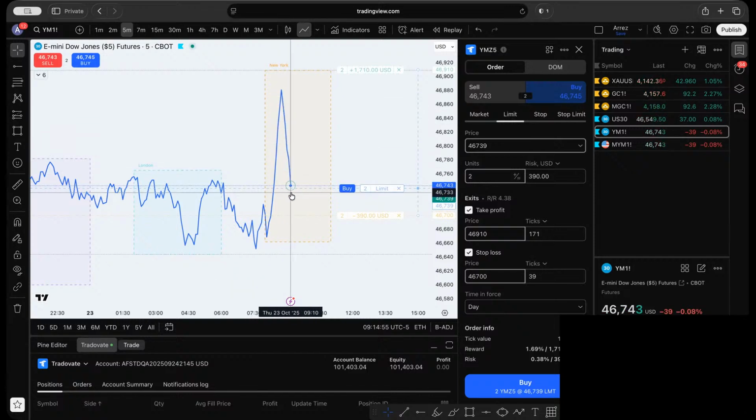Even if this is the retracement right here, we expect price to push up, then push back down before we enter the trade. And so really we are just waiting from here.